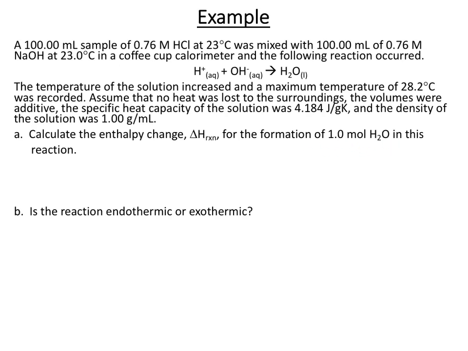So our first step is to determine the moles of H2O that we actually produced. Hopefully you notice that we have molarities of the HCl and the NaOH. They are the exact same molarity, and we have the exact same volume, right? So we can use the relationship for molarity, molarity equals moles over liters, to determine our moles of H plus and OH minus, which will give us our water because it's all a 1 to 1 ratio.